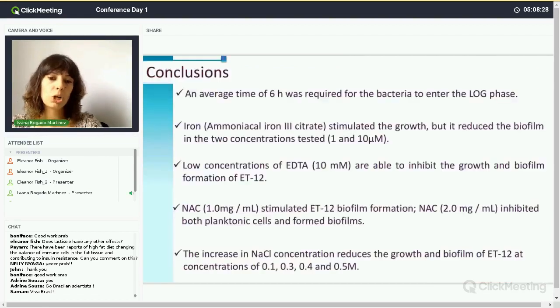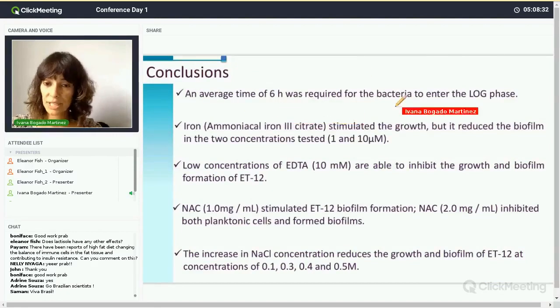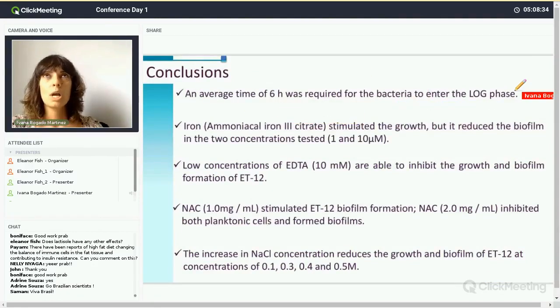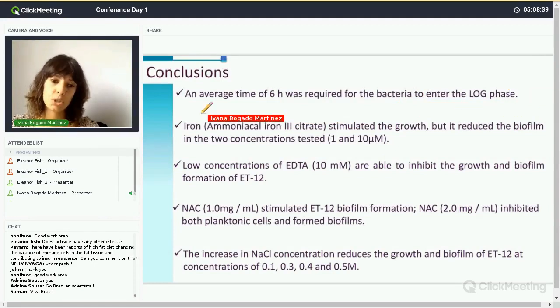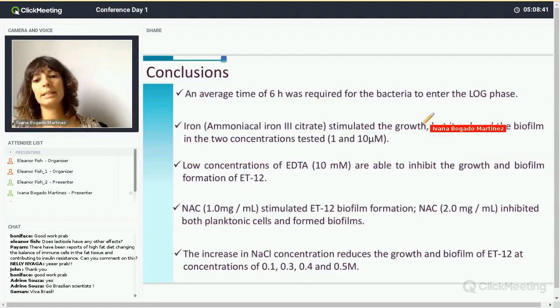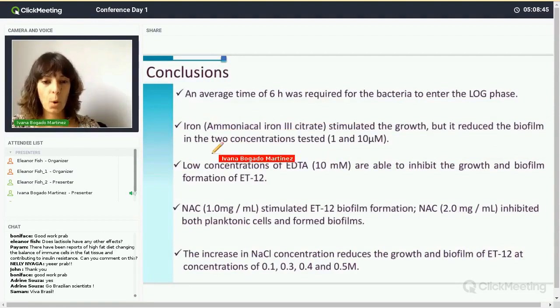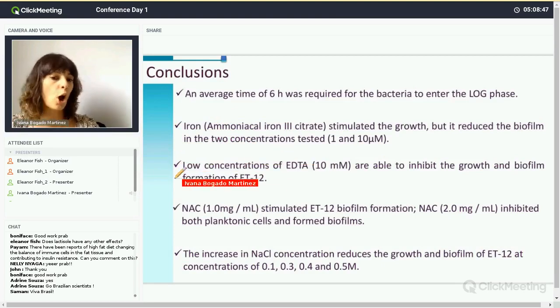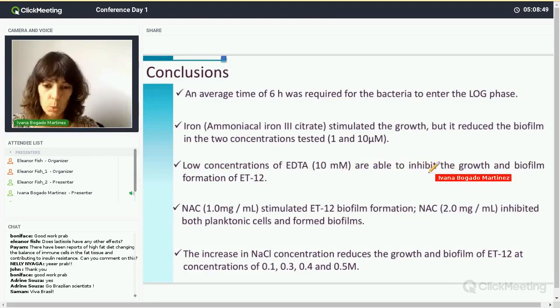So the preliminary conclusions are that the bacteria takes an average time of 6 hours, but we have to extend the incubation period to reach the stationary phase. But we also observed that iron improved the growth, and all the other conditions reduced it.